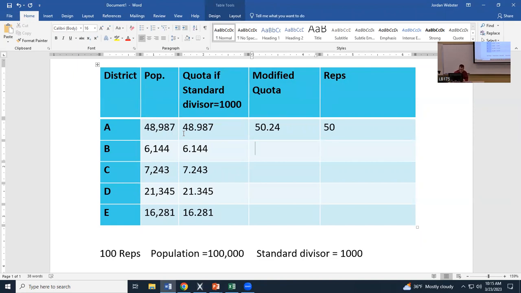For B, divide 6,144 by 975, you get 6.30. That means give B 6 representatives.